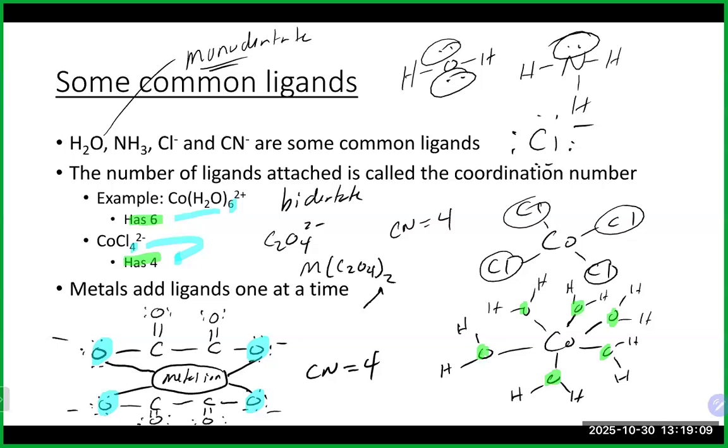And usually things with like a +1 charge will do a coordination number of 2. Something with like a +2 charge will do like 4, and +3, sometimes we'll do 6. And that's because the more electron deficient the atom is, the higher the positive charge, the more apt it's available to have more things attached to it and have a greater coordination number, a greater number of atoms that bond to it. Any questions on that there?